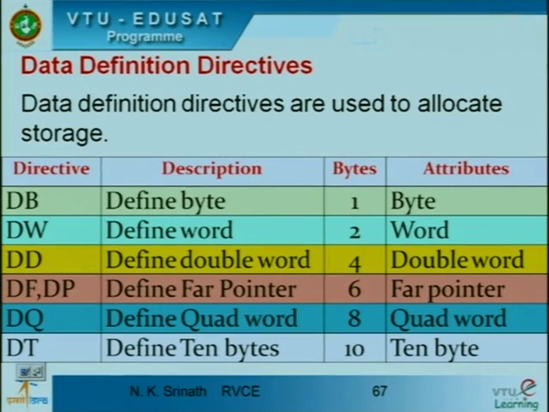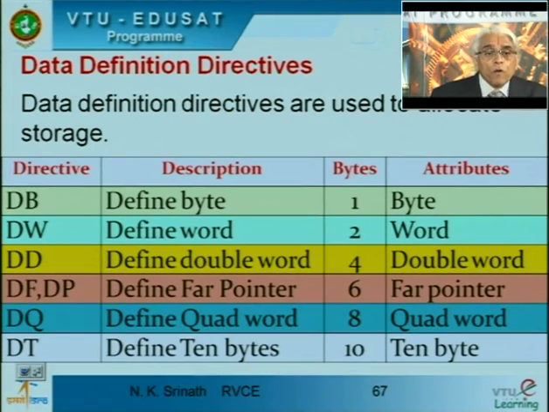When you give the directive as db, which says define byte, it is 1 byte. That means that following db you are trying to give a number which is of 1 byte.